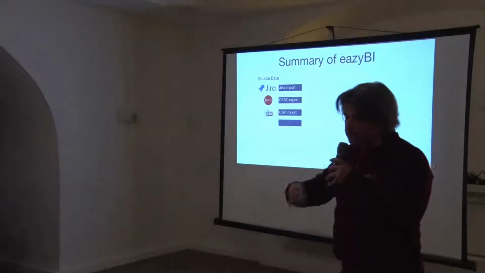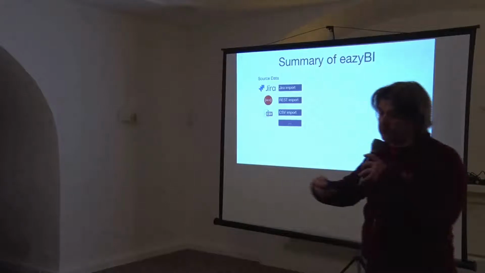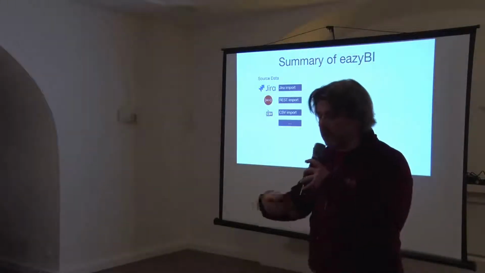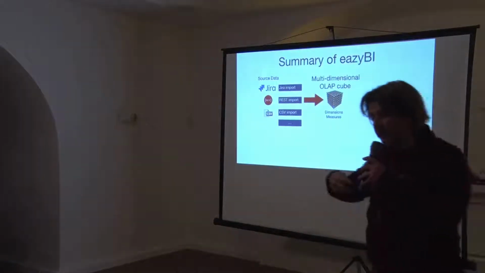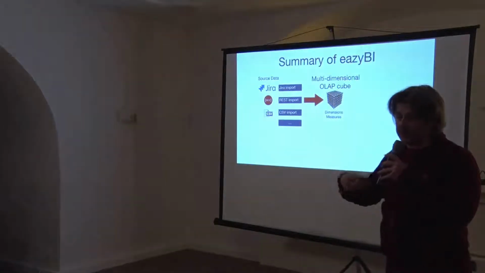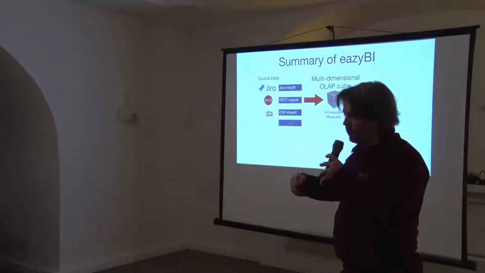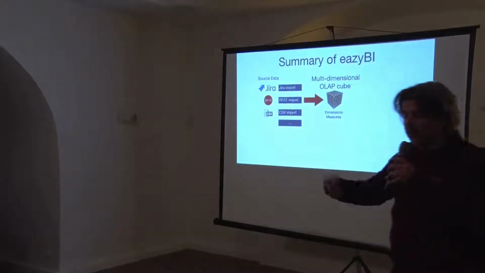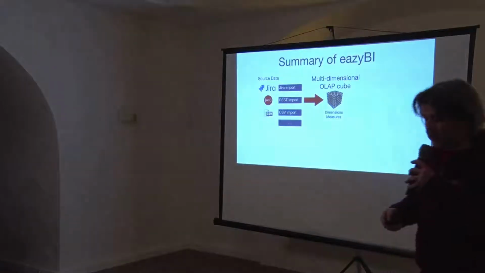When we are building an add-on for Jira, users can also use it for other needs, like importing data from REST API sources or SQL databases, or uploading files. In the case of Jira data, for example, we access it using Jira APIs, then we transform the data and store it into a star schema, and then generate a Mondrian data schema with measures and dimensions that can be used.